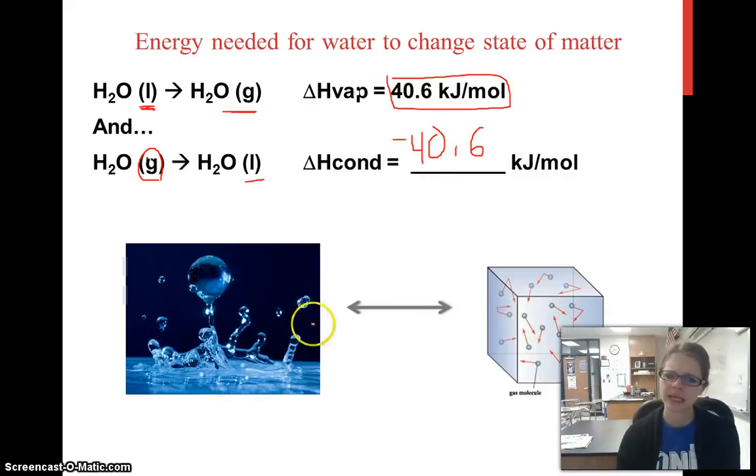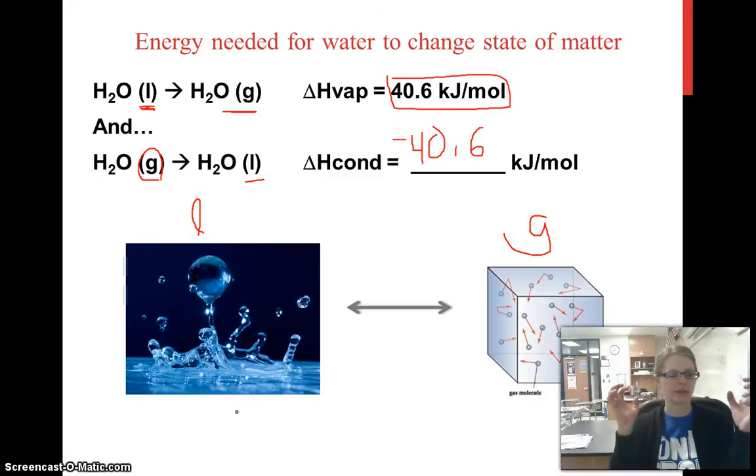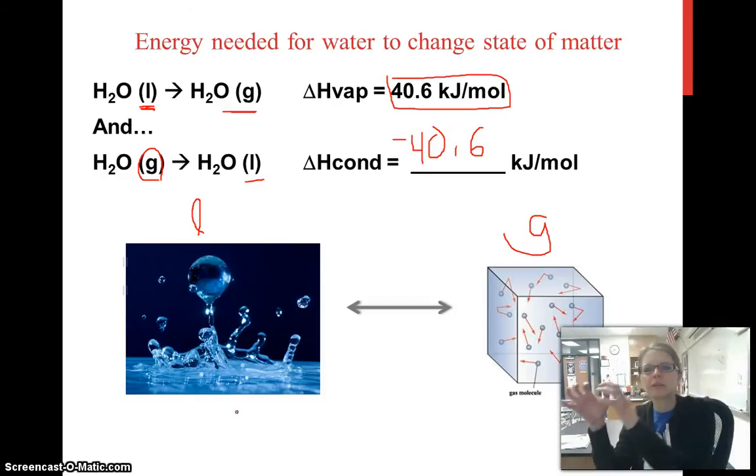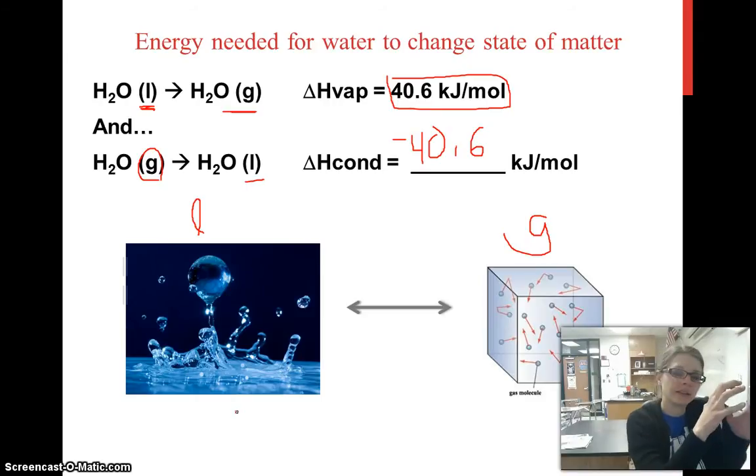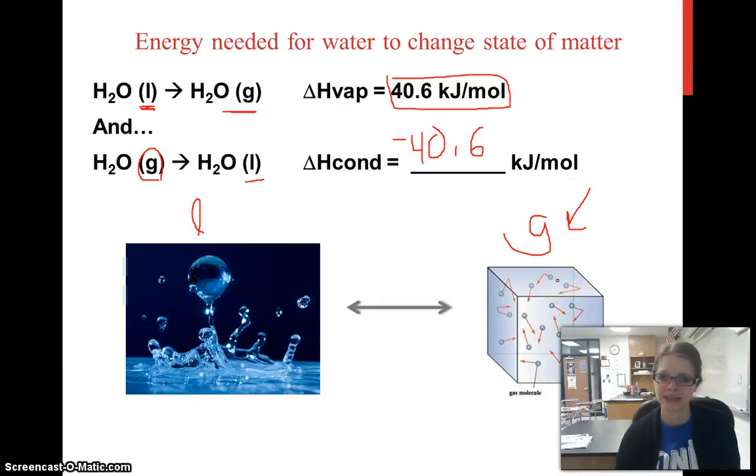Let's think about what happens if you're liquid water and you want to become a gas. As liquid water, the waters are sliding past each other. They're intermolecularly attracted to this water for a little bit, and then intermolecularly attracted to this water for a little bit. They've got attractions, and they kind of slide past each other. As a gas, if you remember the gas chapter, gases aren't attracted to anything.